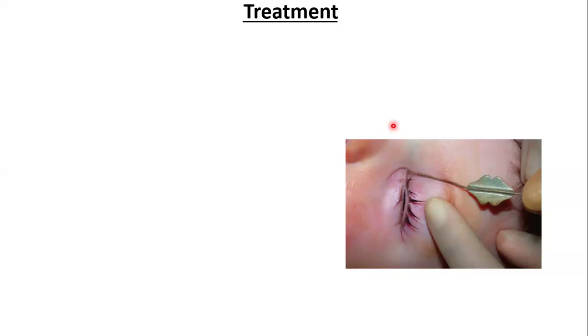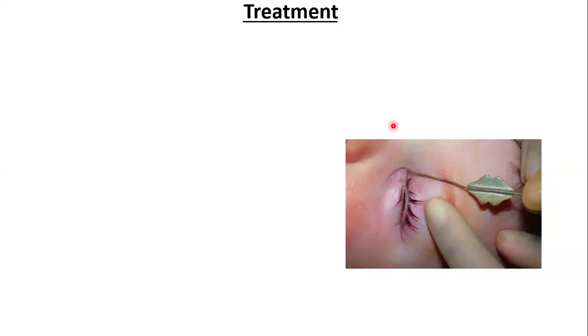And then usually we wait till the age of 1 year or 1.5 years, then we will see. If the patient still has persistent lacrimation and the nasolacrimal duct obstruction is still there, then we will proceed to probing. Even after an episode of dacryocystitis, will we wait for 1.5 years? No, if the patient has developed dacryocystitis, usually you will do probing earlier, definitely.